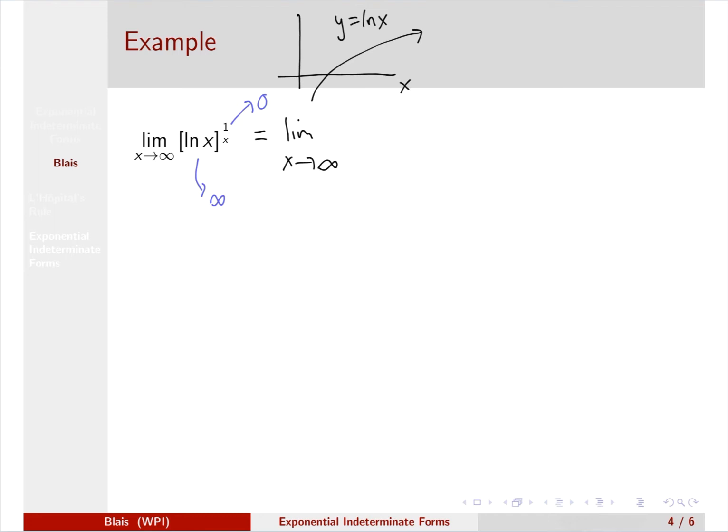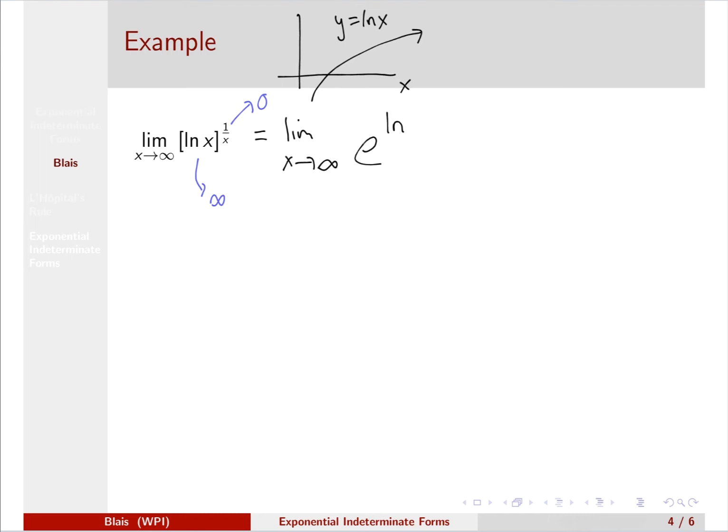So let's use what we just saw on the previous slide and take the natural log of this expression. Or even take e to the natural log of this expression. And this actually combines all of those steps into one.